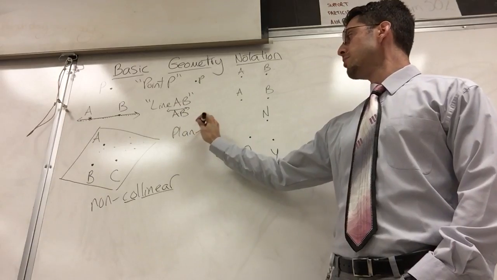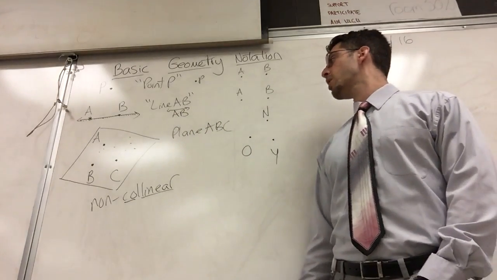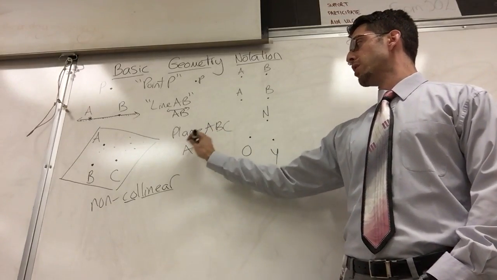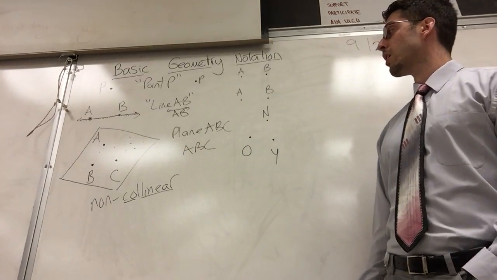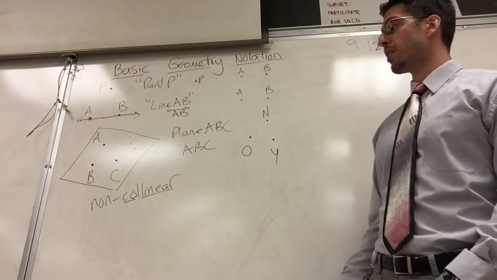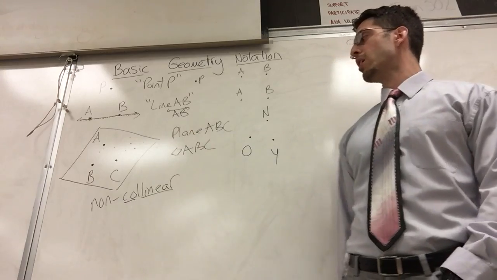Plane ABC. And unfortunately, I don't know the shorthand for that. We've got to be specific, because if you just leave it as ABC and don't specify plane, then I'm not sure if you're talking about a triangle or something else. Oh, okay, well you just drew a picture of a flat surface as a plane like that, right? ABC.